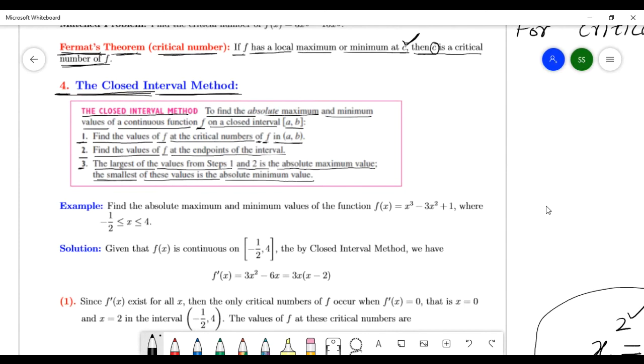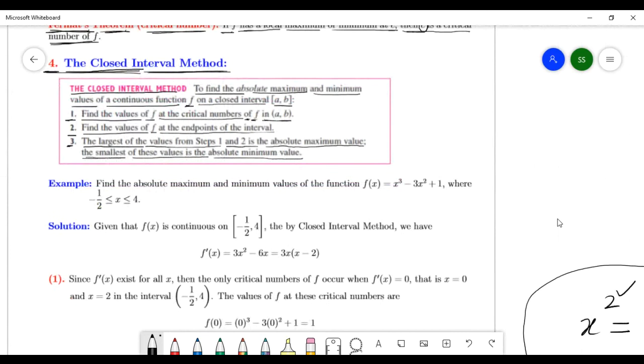So now I will explain this question. How to find the absolute maximum and minimum values of the function f(x) = x³ − 3x² + 1, where x is between −1/2 and 4.